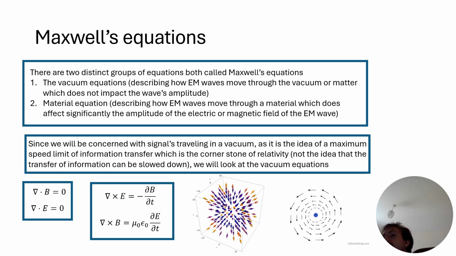Now, the other thing to note is that in the bottom of the two curl equations, we have mu naught and epsilon naught. Now, mu naught and epsilon naught are fundamental constants of the universe. They refer to the resistance electromagnetic radiation feels when it's trying to travel through empty space.